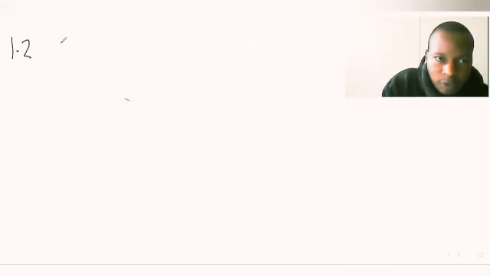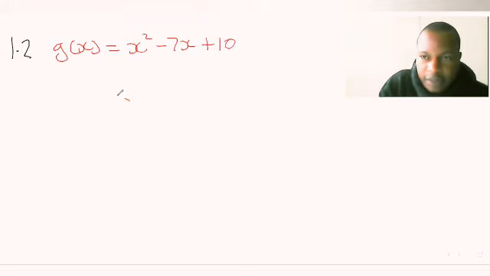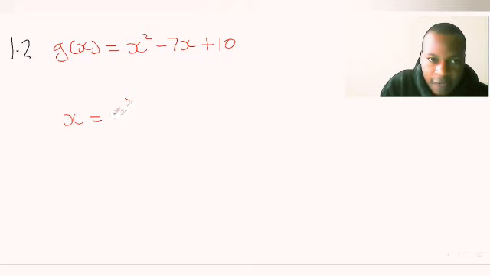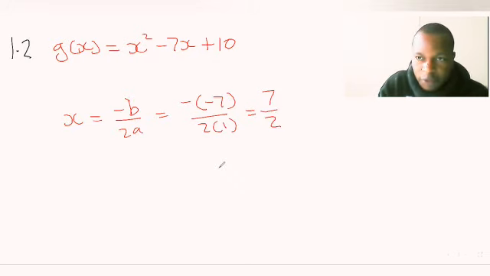So for us to do so, g of x equals x squared minus 7x plus 10. We firstly have to find the x coordinate of the turning point. This would be negative of negative 7 divided by 2, which just gives us 7 divided by 2.